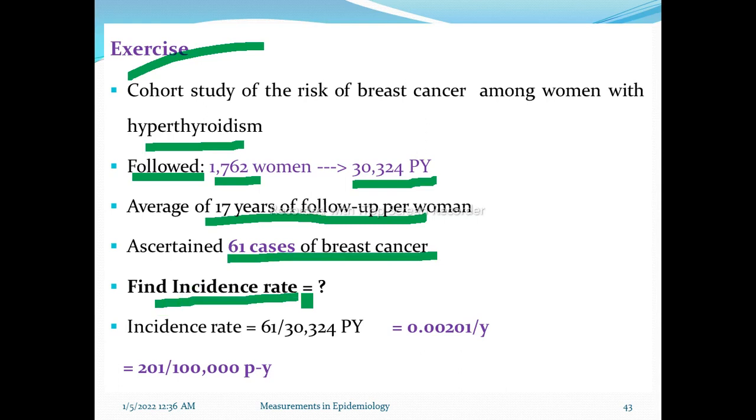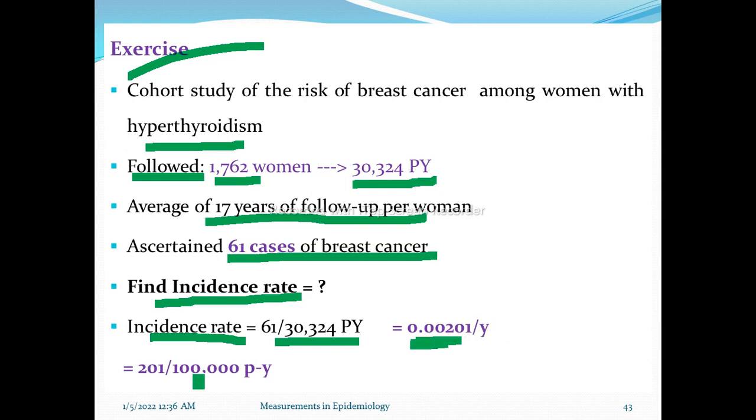Please calculate the incidence rate. The incidence rate is the number of occurrences over person-year time. The number of occurrences, or the number of new cases, is 61, over the person-year time, which is 30,324 person-years. So 61 over 30,324 person-years. Our result will be 0.0201 per year.